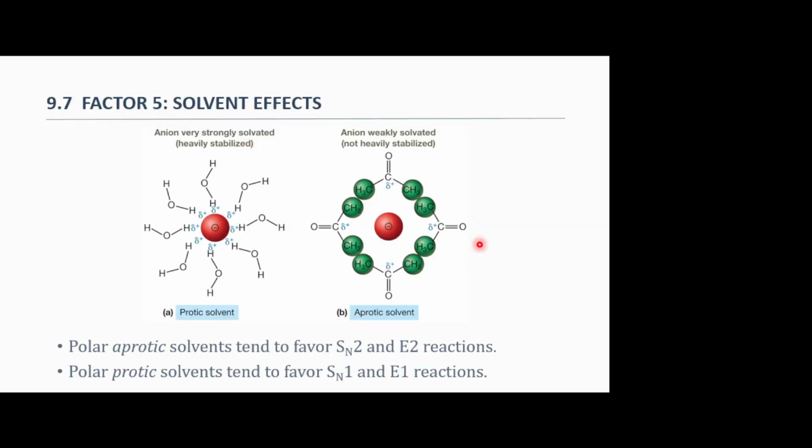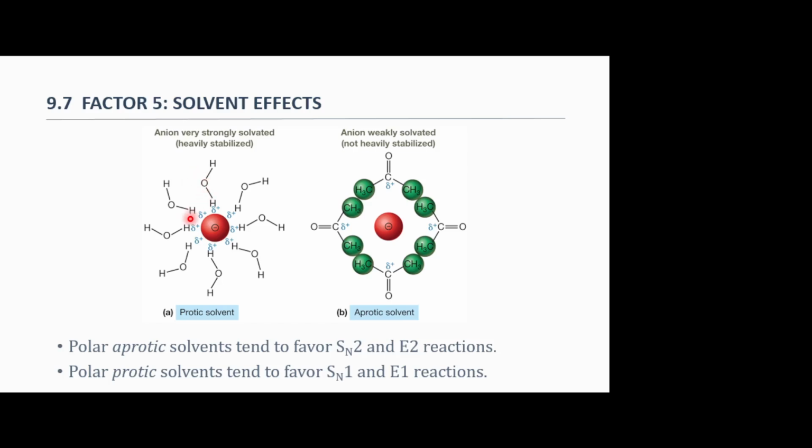So let's go ahead and talk about the solvent effect here. The polar aprotic solvents are going to typically favor the SN2 and E2 reactions. On the other hand, the polar protic solvents are going to favor the SN1 and E1 reactions. So this right here is going to be your anion. Here we have a protic solvent.